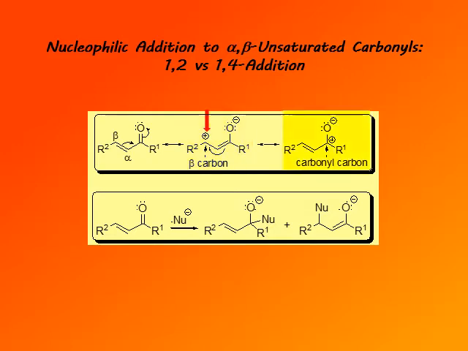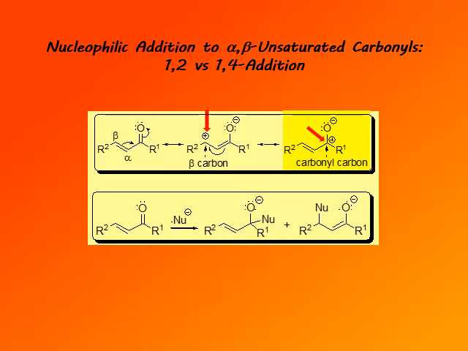Alternatively, this final resonance structure on the right shows the carbonyl carbon as being an electrophilic site. So this is the carbon that could also react with a nucleophile. So we have two possible sites that could react with nucleophiles. As you will see in a minute, the way we number atoms of an enone system, alpha-beta unsaturated carbonyl system, those two carbons are carbons 2 and 4 of the enone system.